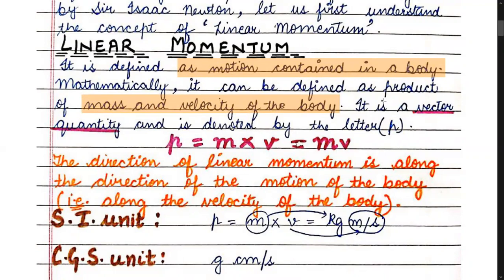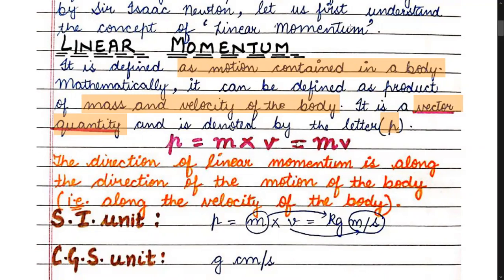Children, linear momentum is a vector quantity. It is a vector quantity and is denoted by the letter small p. We will take small p as linear momentum. So let us write down its formula. Linear momentum is mass multiplied by velocity, that is p = m into v.